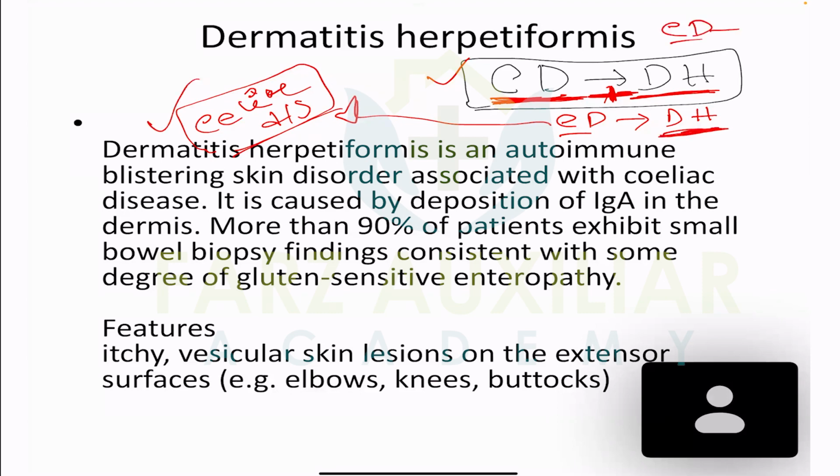If there is any celiac disease, a patient suffering from diarrhea, steatorrhea, like pale greasy stool, and weight loss, and also having some deficiencies like iron deficiency anemia, vitamin B12 deficiency anemia, this patient might suffer from dermatitis herpetiformis.